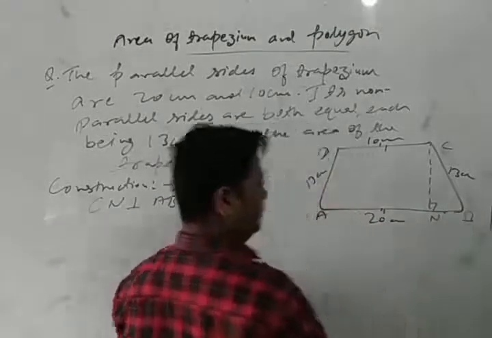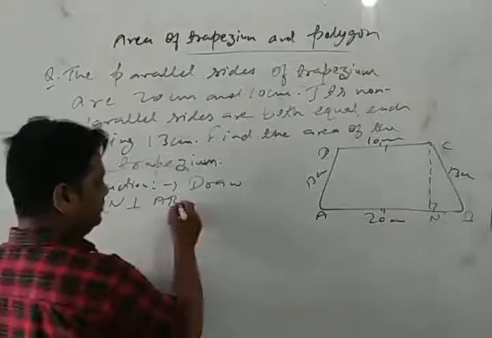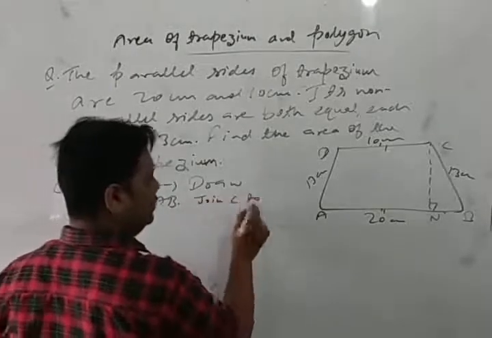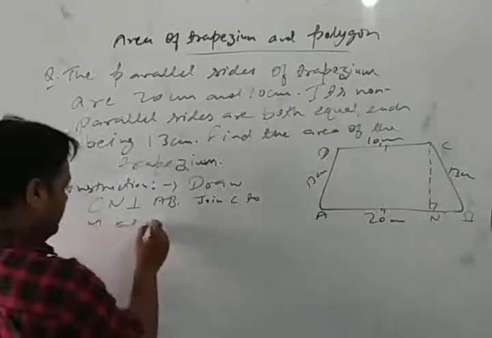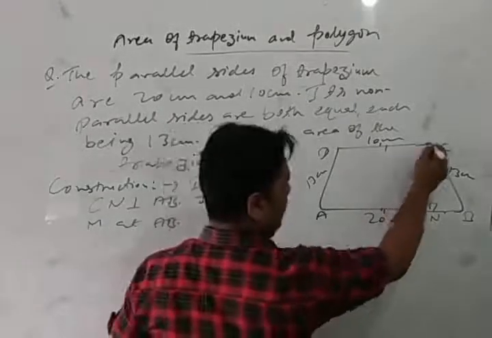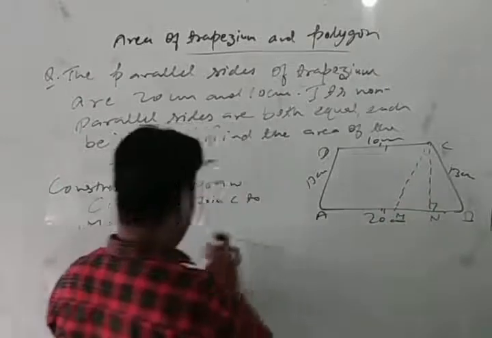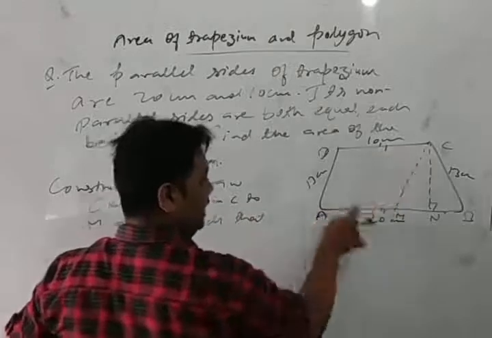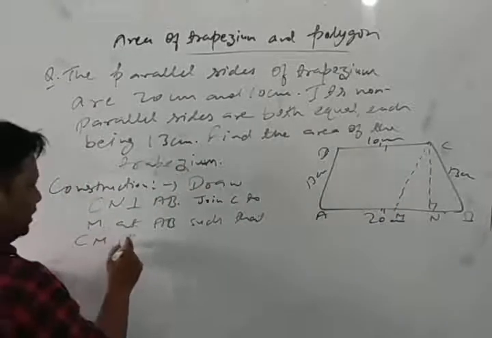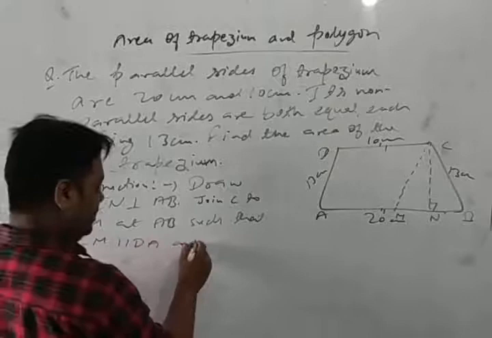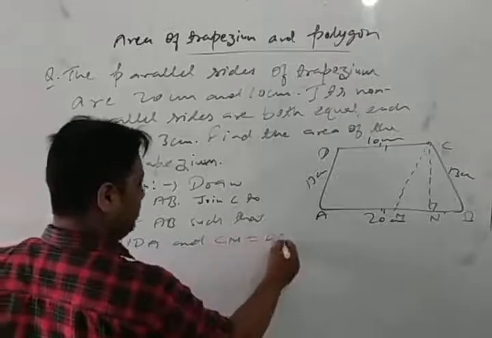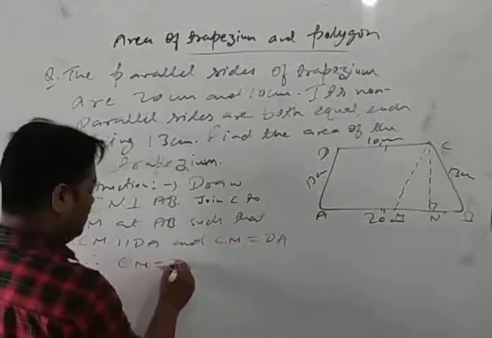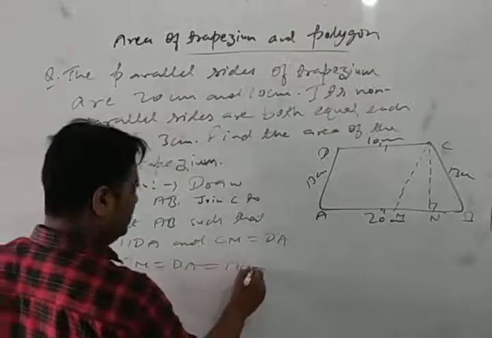Now, join C to M on AB such that CM is parallel to DA. Then CM is equal to DA, equal to 13 centimeters.